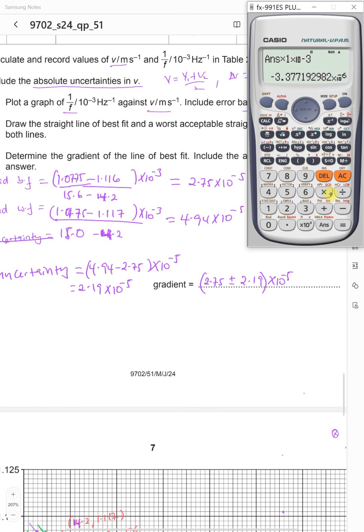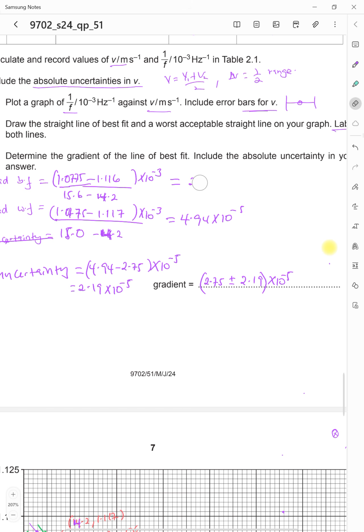So it's negative 3.38 times 10 to the power of minus 6.